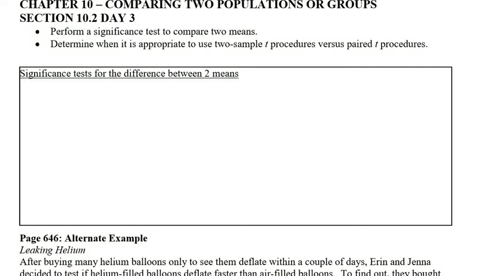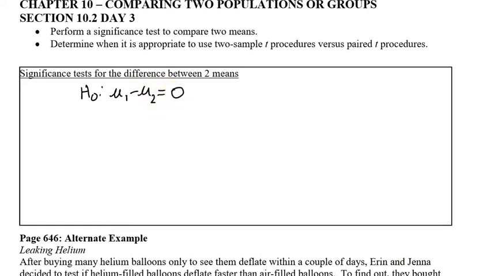In this video, we're going to talk about performing significance tests to compare two population means. Our significance tests have a null hypothesis, of course. In this case, it would be mu sub 1 minus mu sub 2 equals some number.